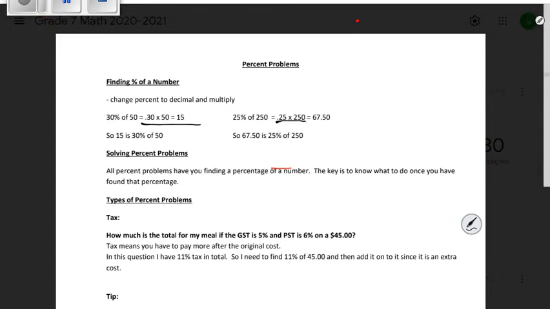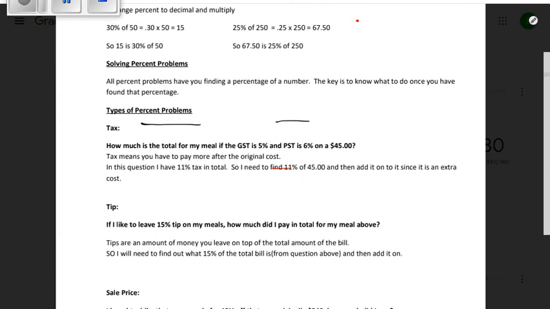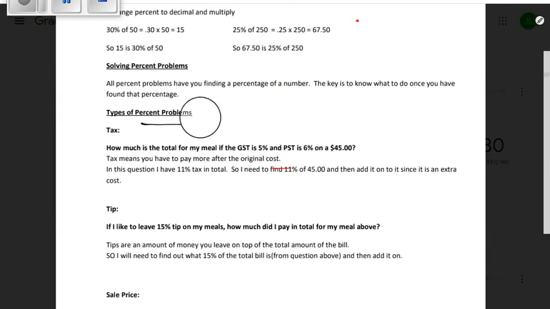Change to a decimal, multiply. And you use that for everything we do. What I did is give you some examples here. It's funny because I've already taught a bunch of people and given the notes in, and they get to a question and they don't even refer back to the notes. They just ask me for help. Look at your notes.